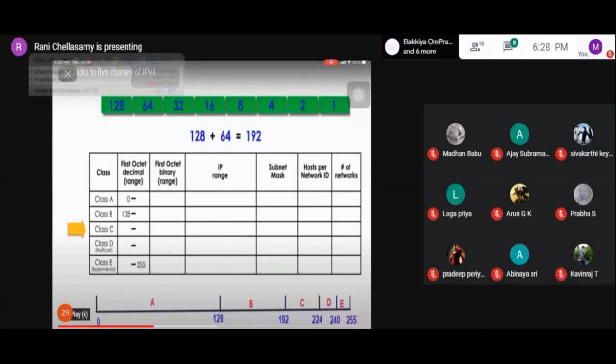So let's start with the left side. Okay, on the left side what are you having? 128. So 128 followed by 64 is added, we get 192.